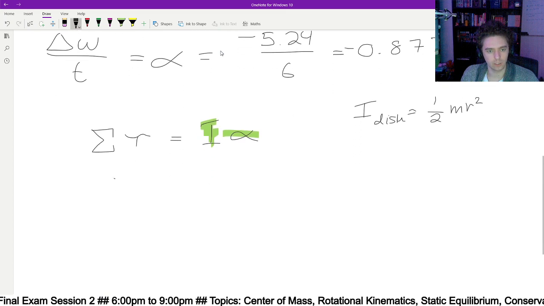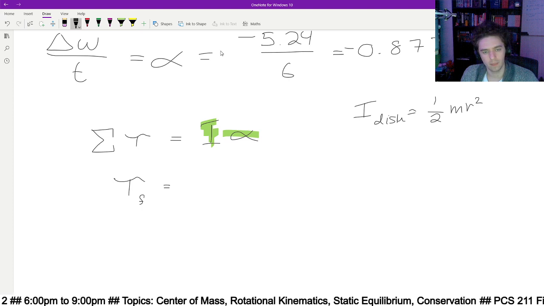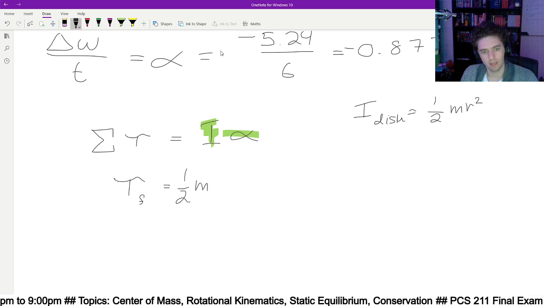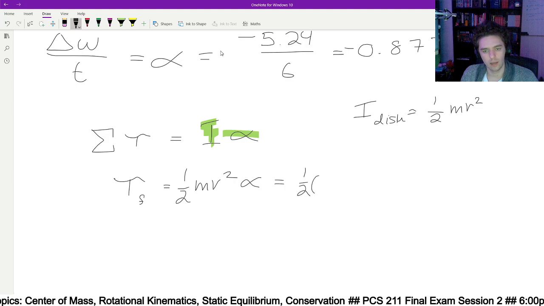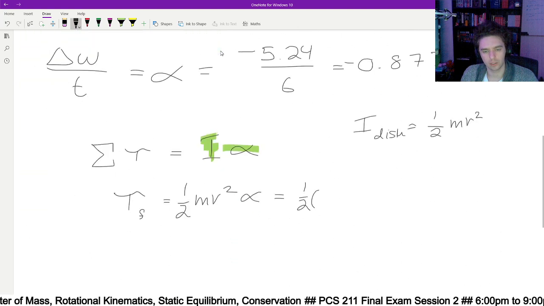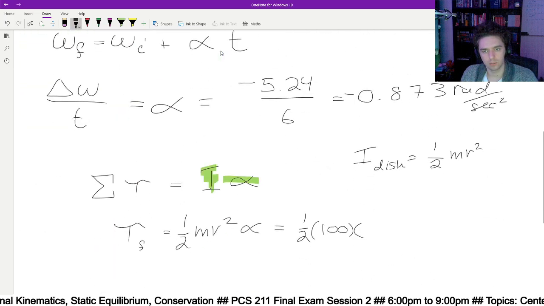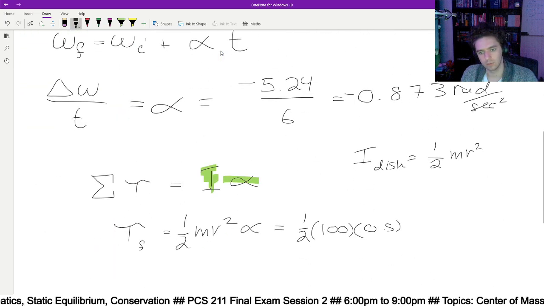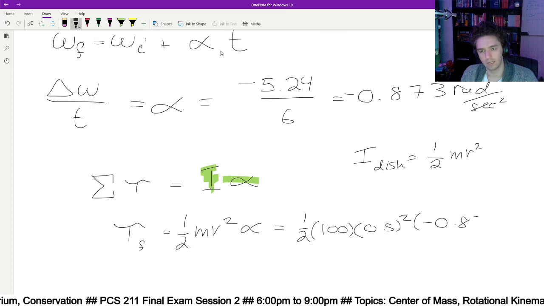And since there's only one torque, I'll just call it torque of the friction. Torque from friction is 1/2 mr squared times alpha. So m they gave us in the question, 100 kilograms. R they gave us in the question, 0.5 meters. 0.5 squared, times alpha, which we just said was negative 0.873.